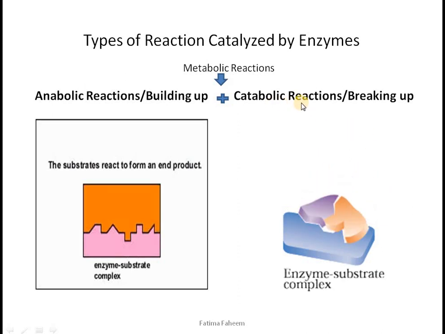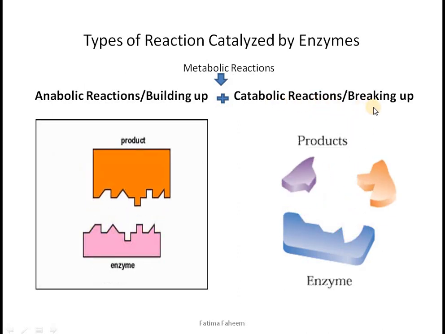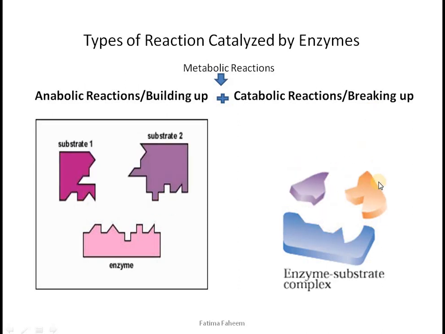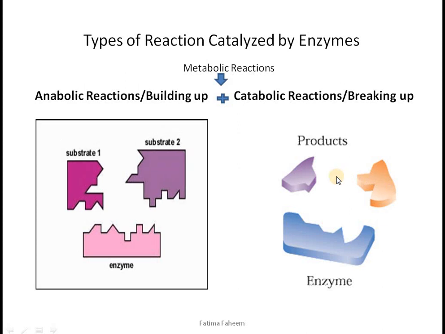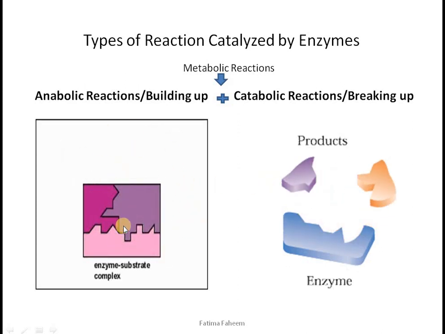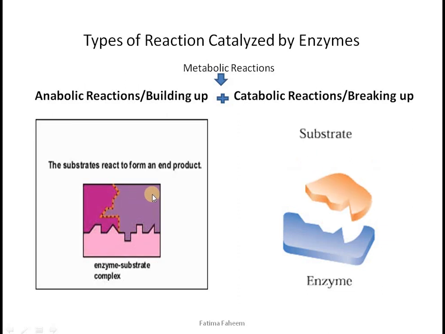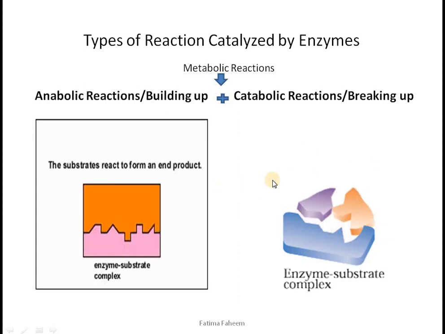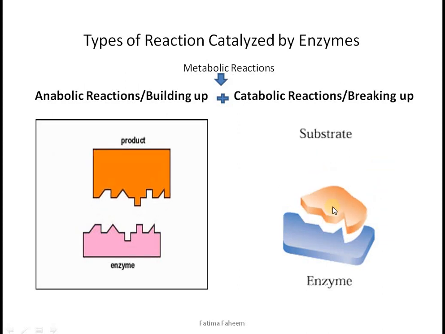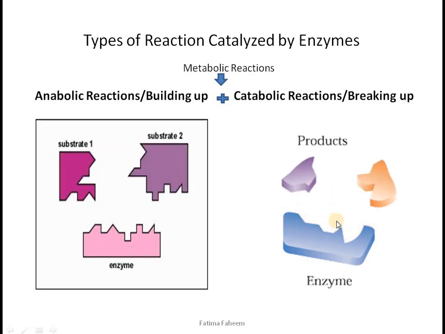So we call catabolic reaction breaking up also, because a bigger molecule is being broken down into two simpler compounds. So in the anabolic reaction, things are being made from smaller components, while in catabolic reaction, smaller components are being made by breaking up of a bigger one.